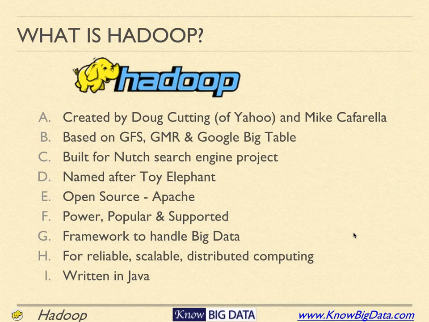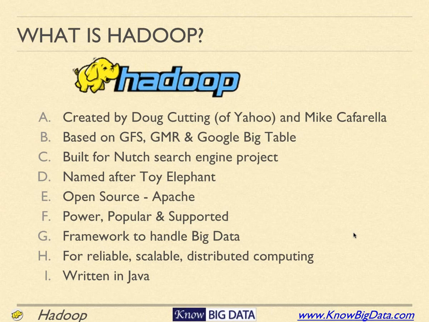Luckily, at the same time, Google released three papers: the first was Google File System, the second was Google MapReduce, and the third was Google Bigtable. Based on these three papers, Mike Cafarella and Doug Cutting wrote these solutions for their own search engine, and that became Hadoop.